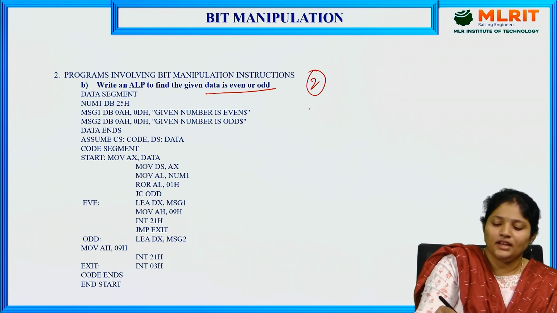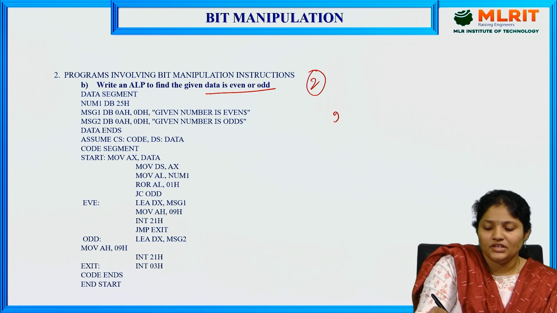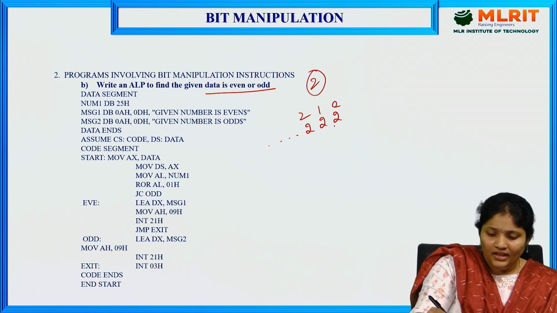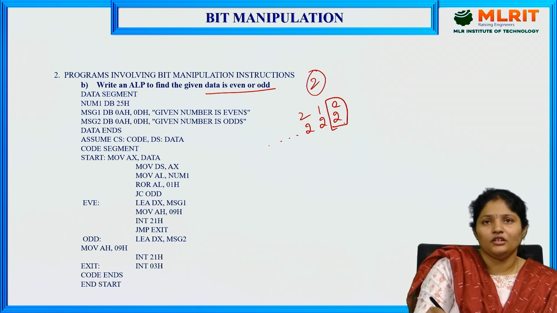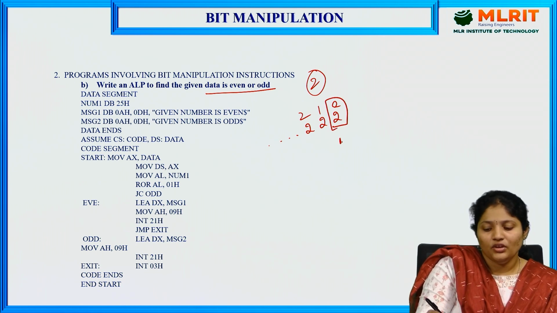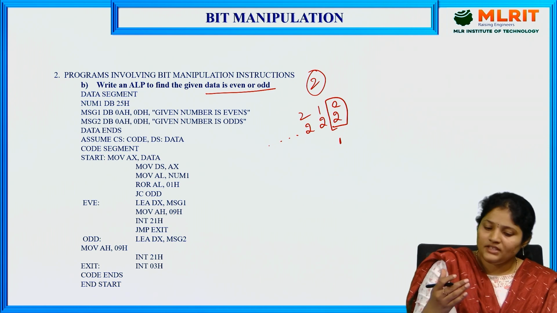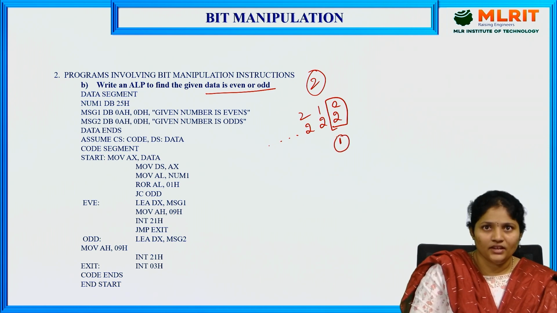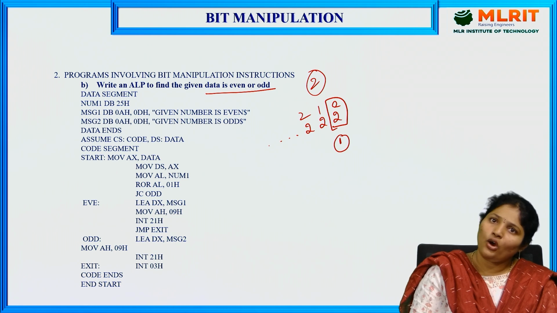Binary number representation will always be like 2 power 0, and so on. 2 power 0 means 1. So if a number is divided by 2 and we have the remainder as 1, you can say that the number is an odd number.